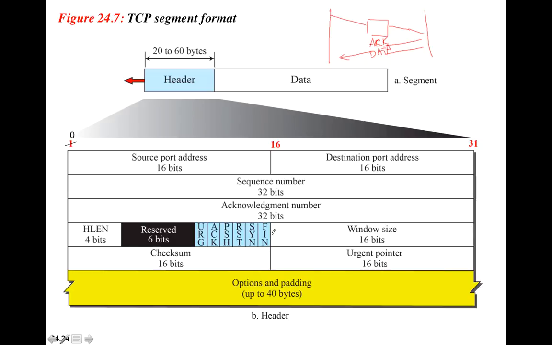Sometimes when we send a packet and then we realize later that there was an error in that information, we can immediately send another one with a correction. But because the later packet has a sequence number that is after the first packet, if we don't set the urgent bit, the packet with the error will be processed first. So to avoid that, if we set the urgent bit, this packet will overtake the first packet and get processed first.